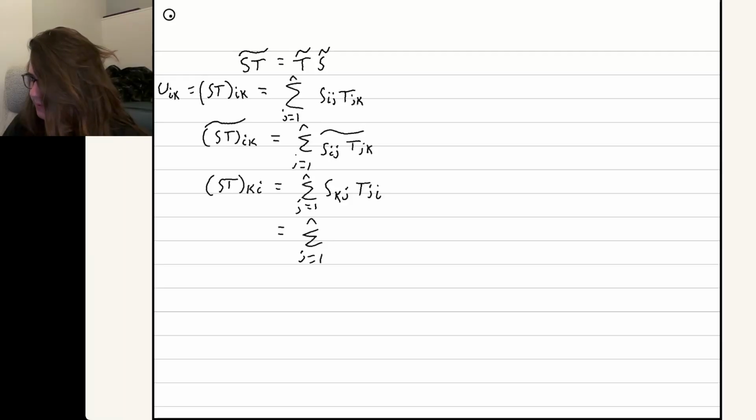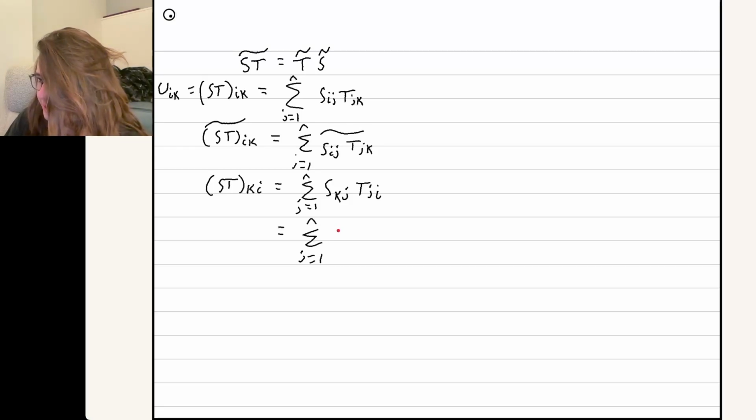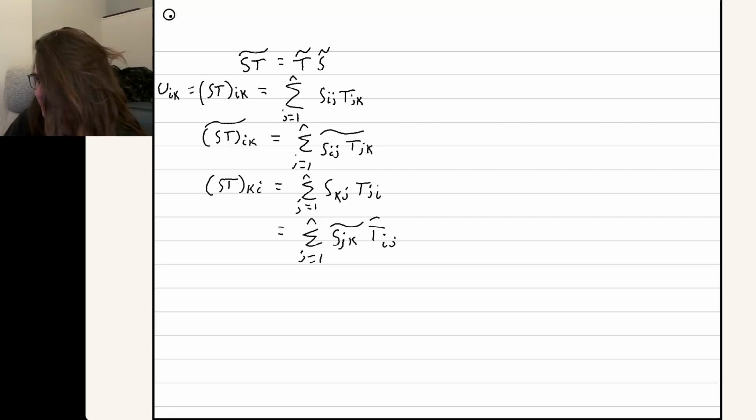But now you can say, okay, Skj, if we were treating it as a matrix, would just be the transpose of Sjk, and Tji would just be the transpose of Tij, right? And then you reorder it. You don't have to, but I did.